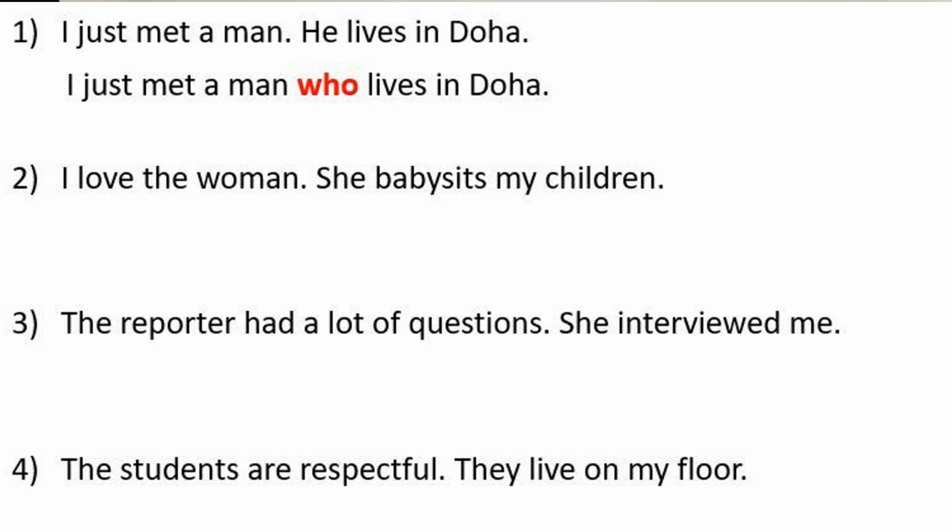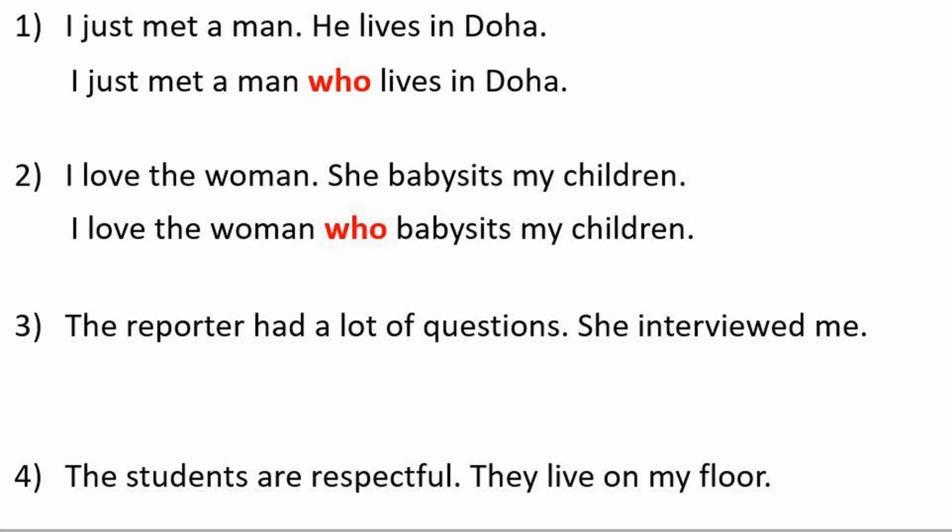Okay, in example number 2, we have, I love the woman. She babysits my children. We change the subject she using the relative pronoun who or that, and we place it directly after the noun it describes. So, I love the woman who babysits my children.